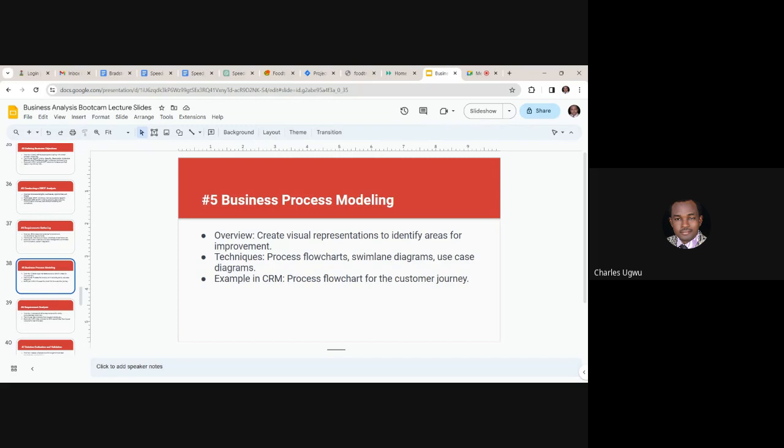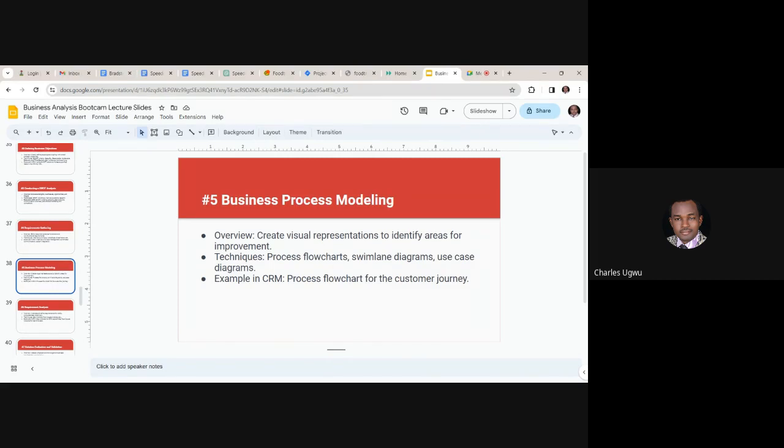After capturing your data during requirement gathering, part of the documentation is process flow documentation. You need to create a process flow, or a process map.